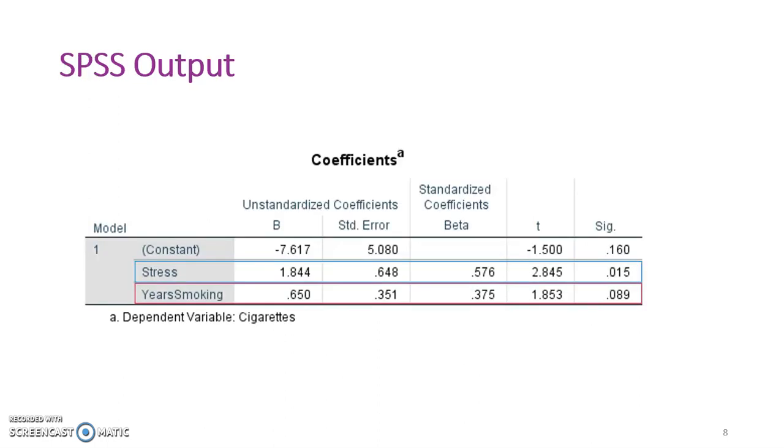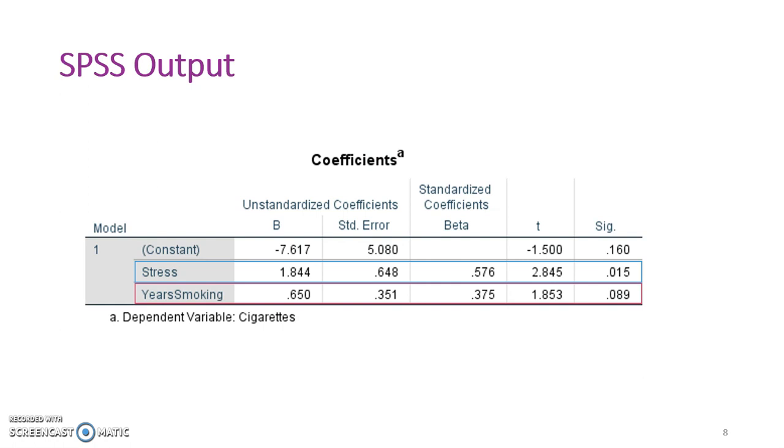Here is where we find that information in the SPSS output. You can see the size of the coefficients, and it's the unstandardized coefficients that are used in the calculation of t. And we can see how those are calculated. For each t statistic, there's a corresponding p-value that SPSS will automatically give you. If we look at the t-statistic for the stress variable, it's 2.845, and the corresponding p-value is 0.015.